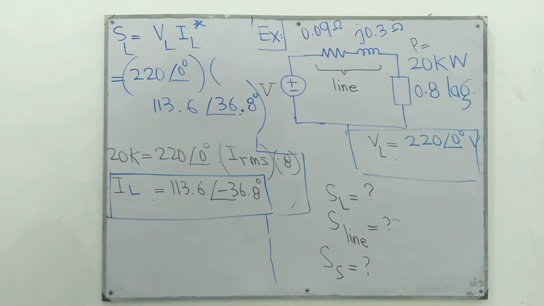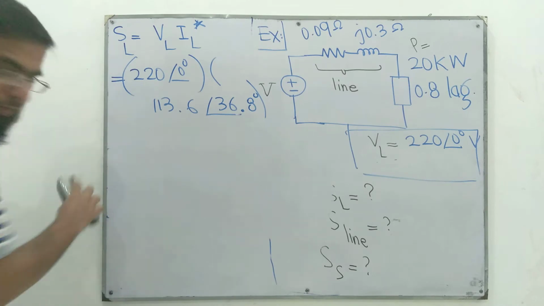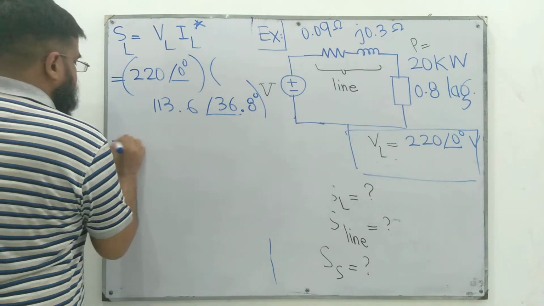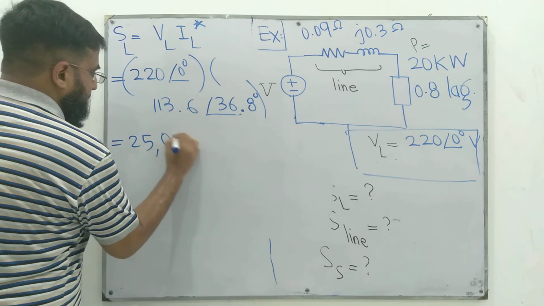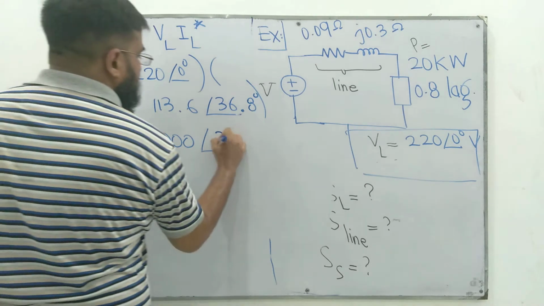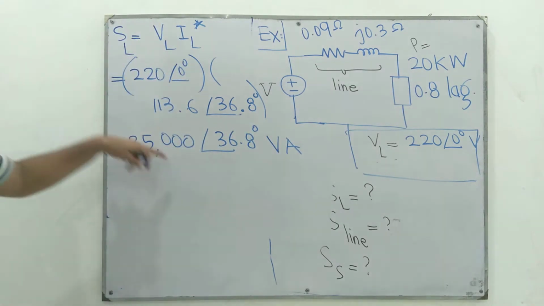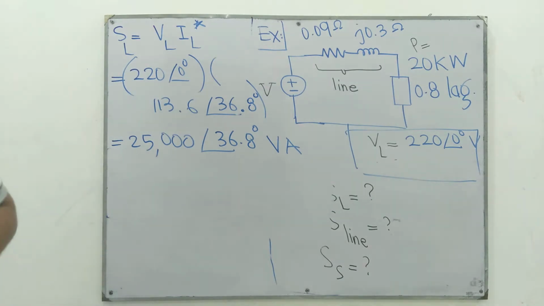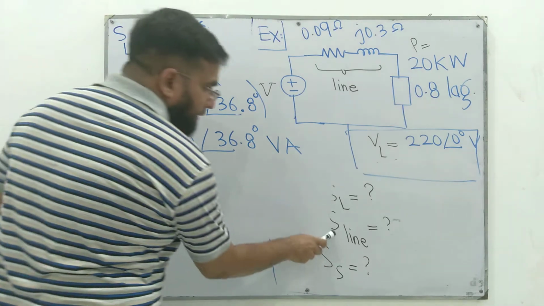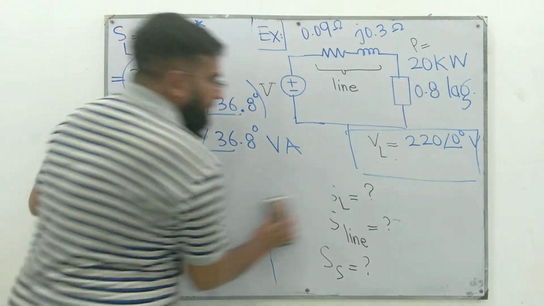If we multiply these two quantities, we get S absorbed in the load, which is 25,000 at an angle of 36.8 degrees VA. We know the units of SL are VA. Next we have to find S line, and then finally S, the complex power supplied by the source.